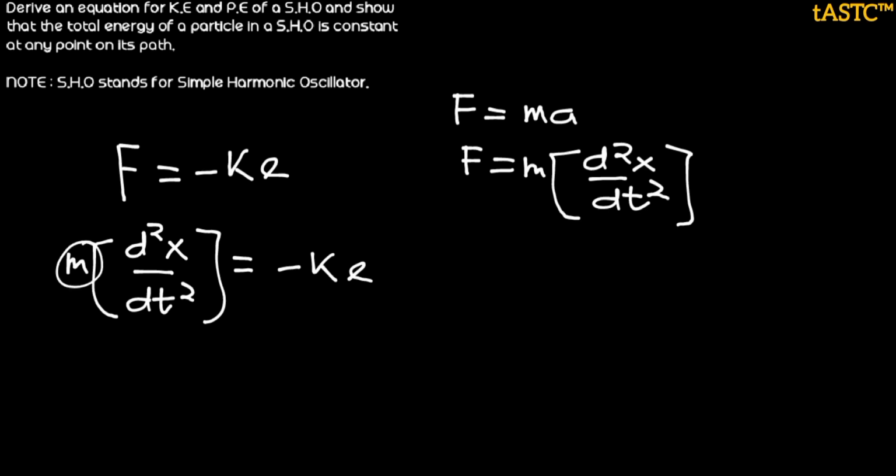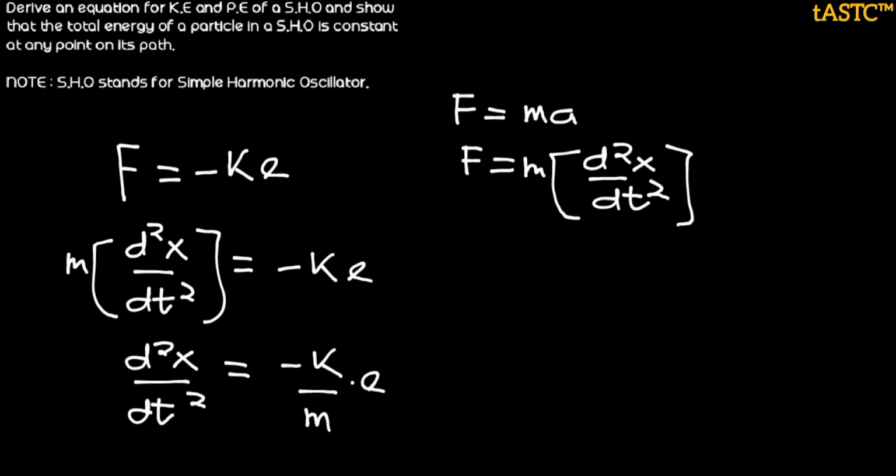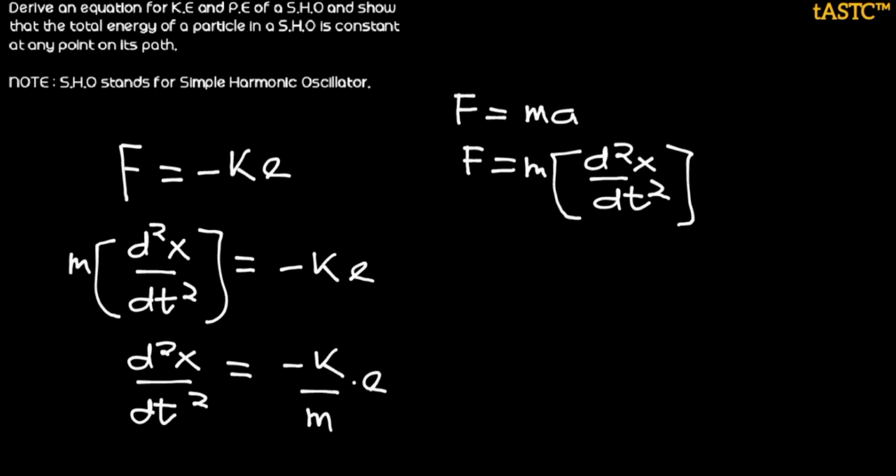Now I'm going to take the mass to the other side by dividing through. So d squared x over dt squared is equal to negative K divided by m multiplied by e. Now let us call e, which is the extension, x.